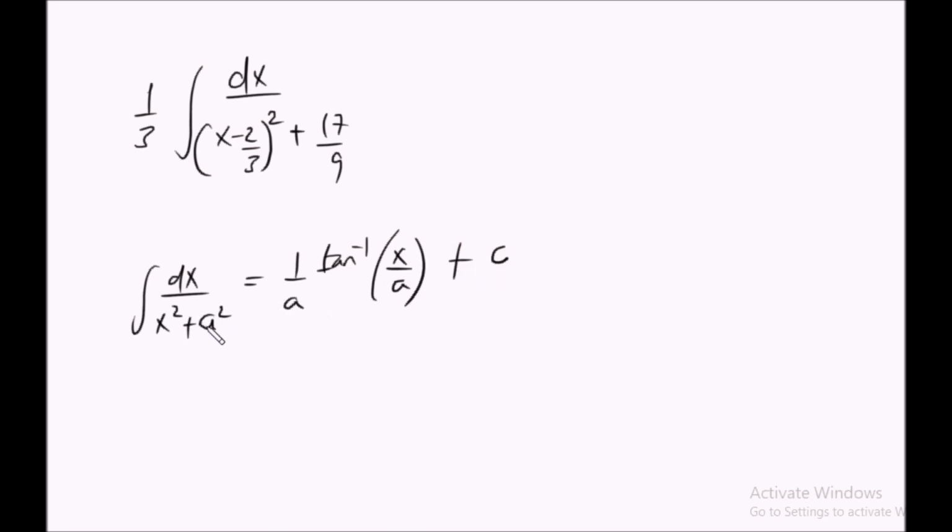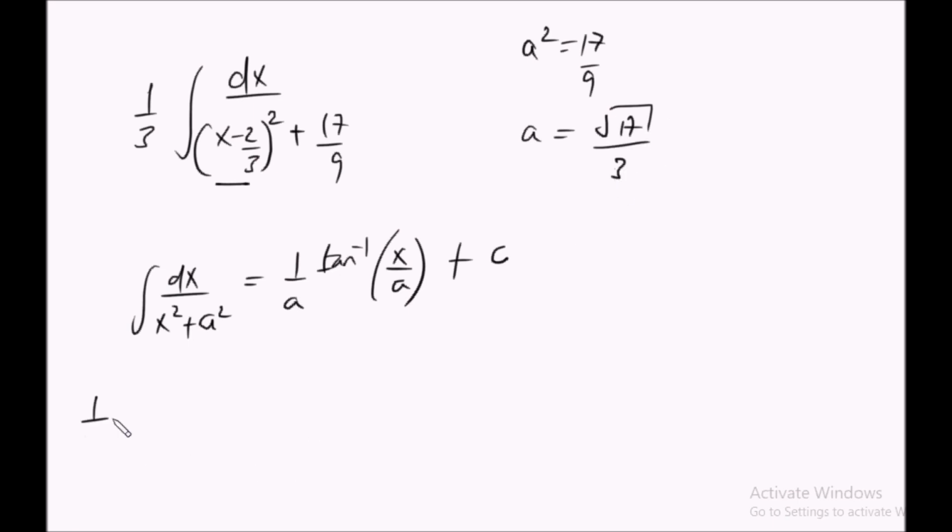So you can see a squared yangu sasa, x hapa nime replace with a linear equation. So inakubalika. A squared itakuwa ni 17 over 9, kwa a ni square root of 17 over 3.